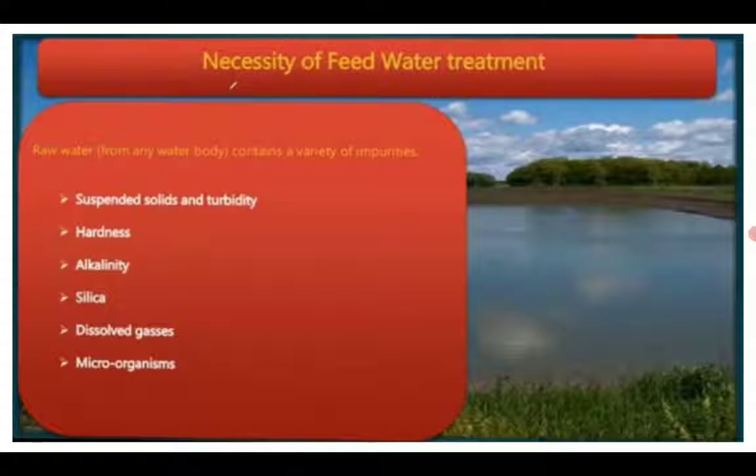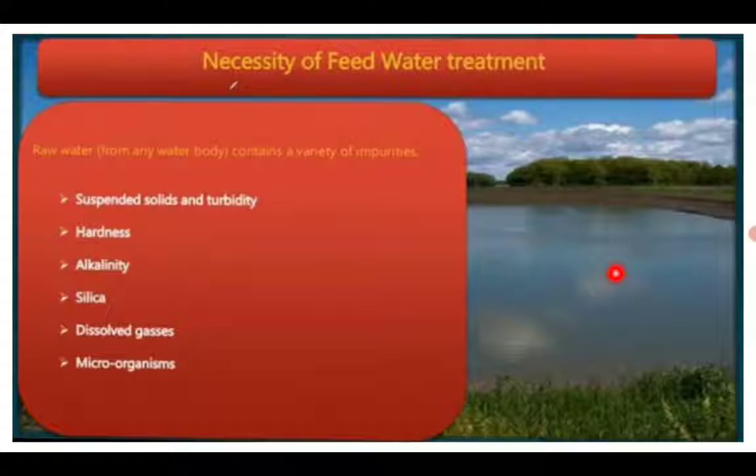So where you treat the feed water, you will be feeding the boiler through lakes or fresh lakes or ponds, etc. From there you will be getting the water, and by using a pump, you will be pumping it into the boiler.